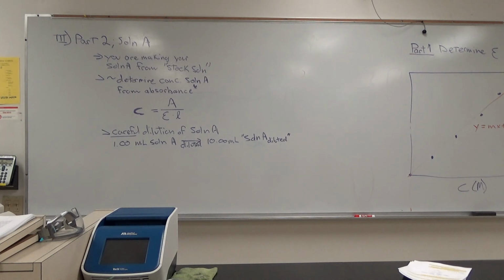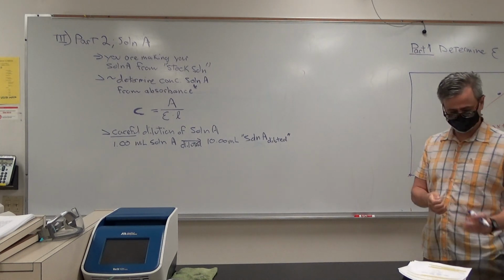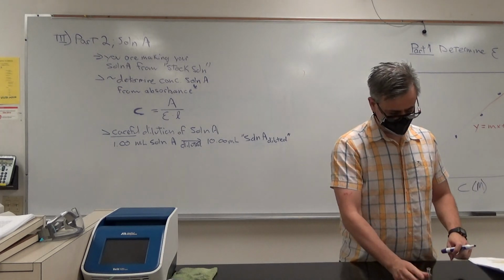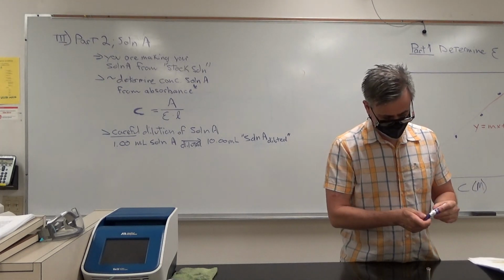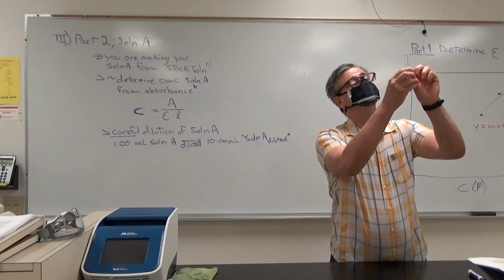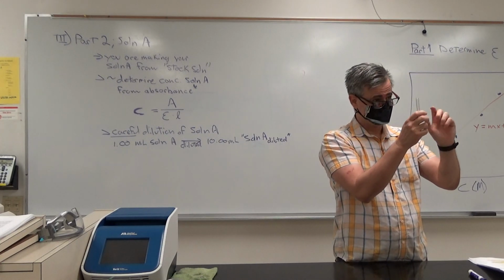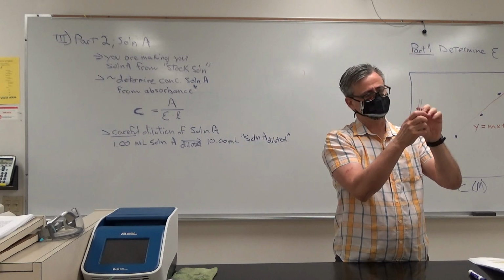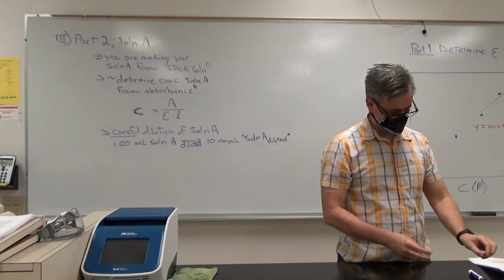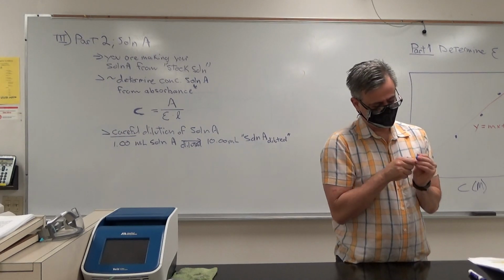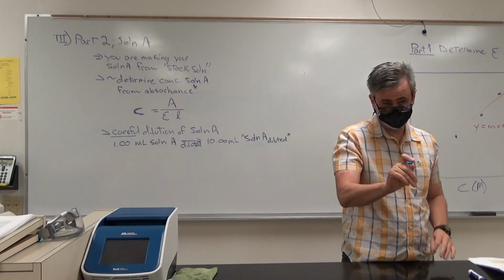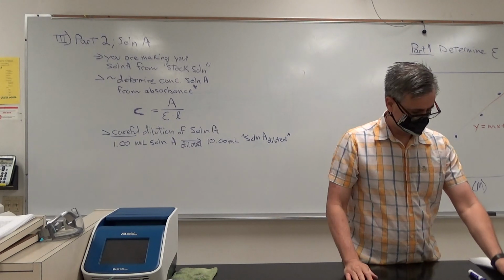So you put in your 1 ml, you carefully add type 2 water so your meniscus is up to your line, all that good stuff. Put the stopper on, carefully invert it, and so on. Okay. All right.